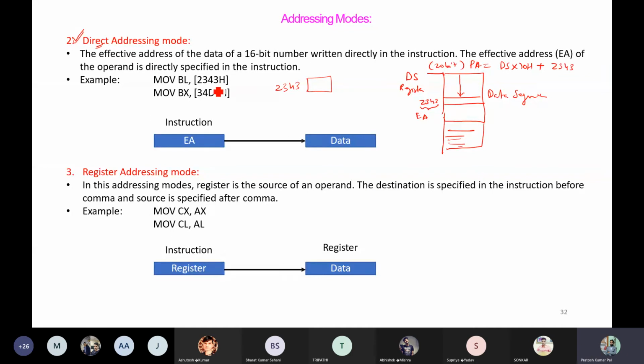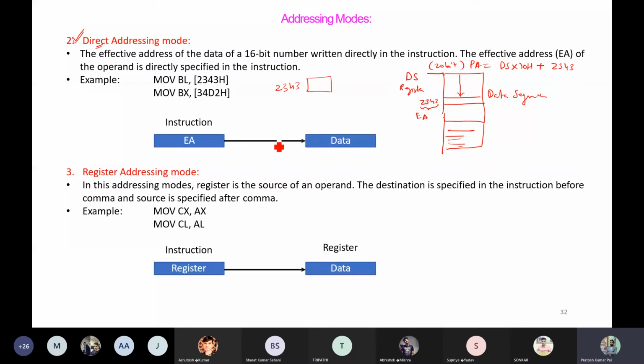So instead of providing the data directly, we are providing the memory location directly. This is called direct addressing mode. If we provide the data directly, that is immediate addressing mode, which we saw previously. If the memory location is provided directly, that is direct addressing mode.